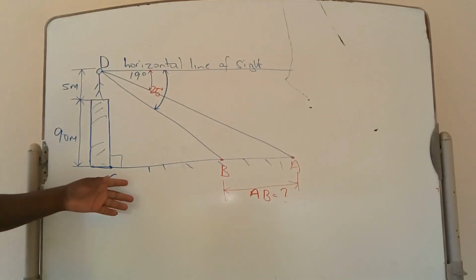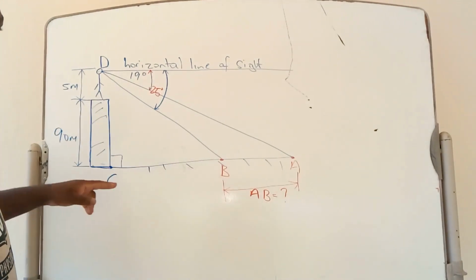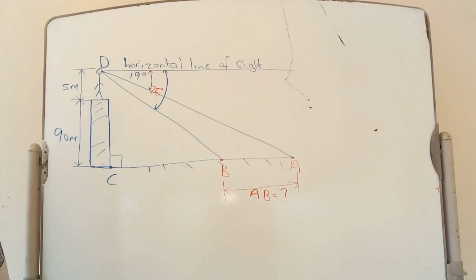So one triangle that we can identify is ACD. Another triangle is BCD. Now we know this length, right? This is just 90 meters plus 5 more meters. So the entire length here, which is DC, that's just 95 meters, right?